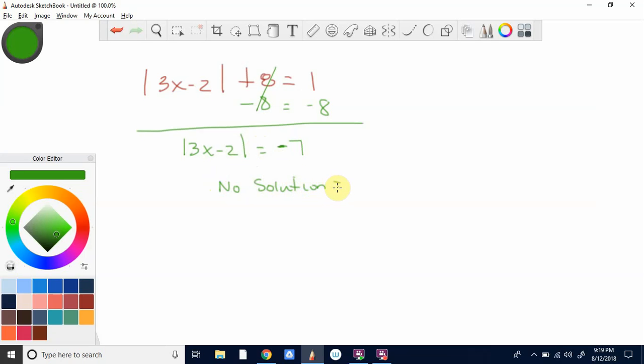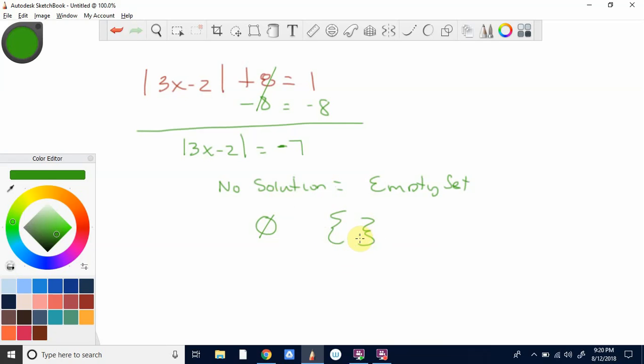When we have no solution, we call that the empty set. That's our other vocabulary word. It's the empty set. Basically it means there's no solution. And there's other ways to write it. You can say no solution, you can write the words empty set, you can use this little symbol, or you can put empty braces.